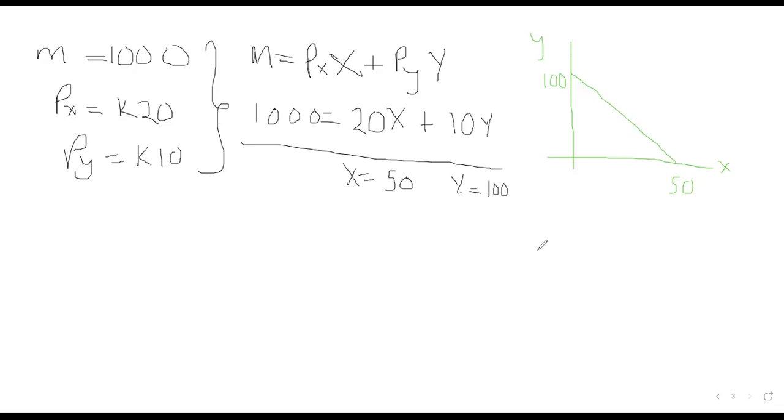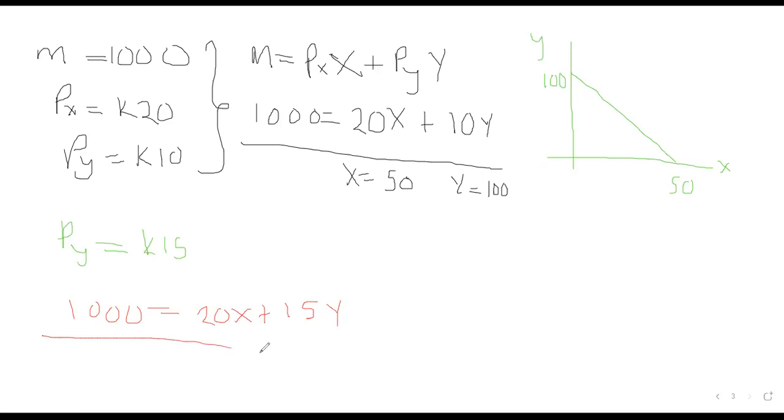Okay. So suppose the price of Y increased from 10 kwacha to 15 kwacha. What becomes our new budget line? So 1,000 is equal to X still remains the same, 20X, the Y becomes what? 15Y.